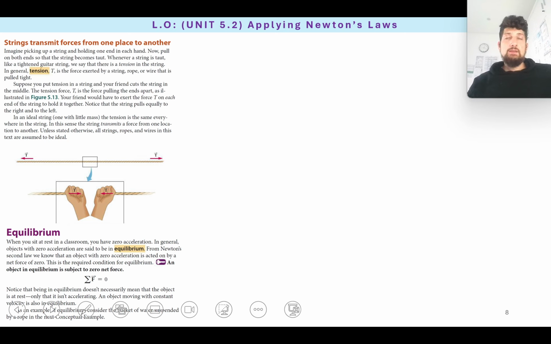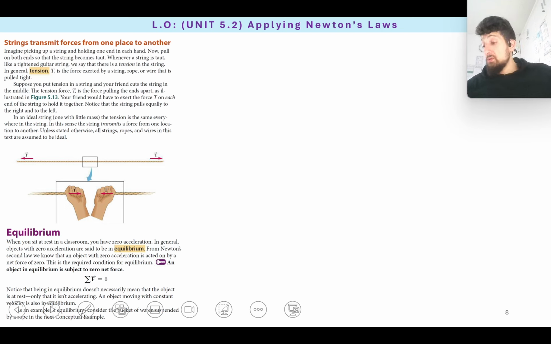So you can transfer forces using ropes and strings, which is very convenient because we've been using them for centuries. A classic example would be a water wheel, where you pull the water out using a bucket, using pulleys and a rope. So you can transfer forces using ropes.